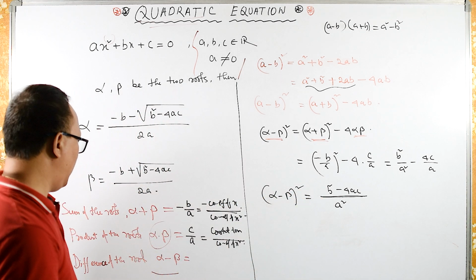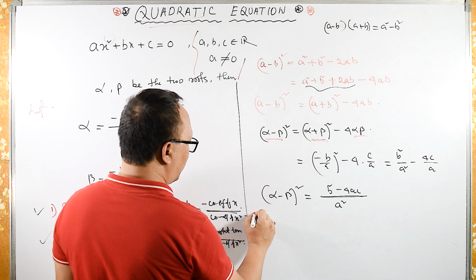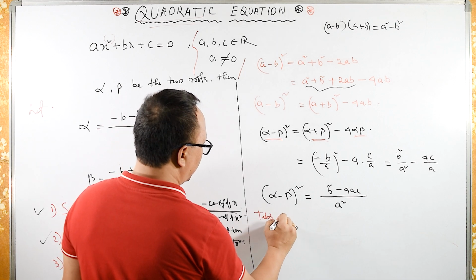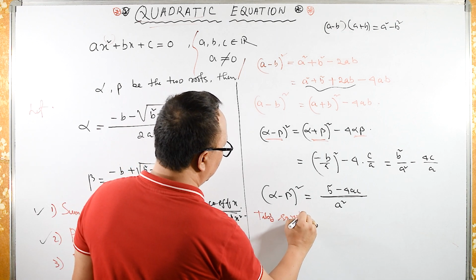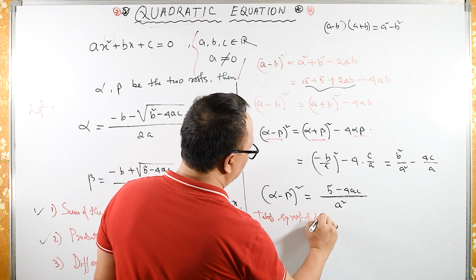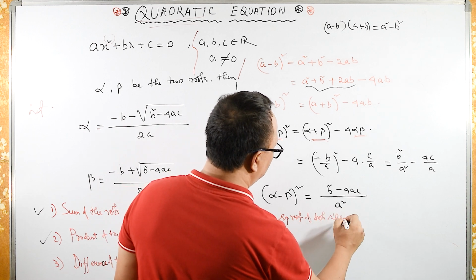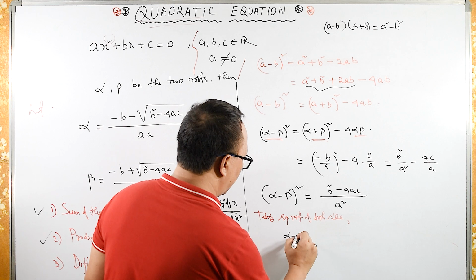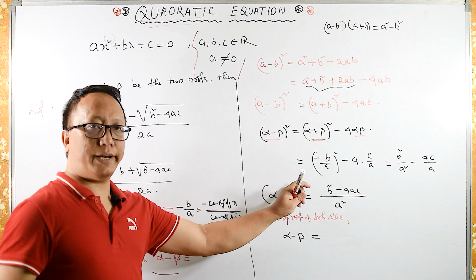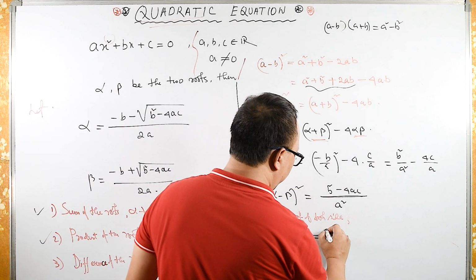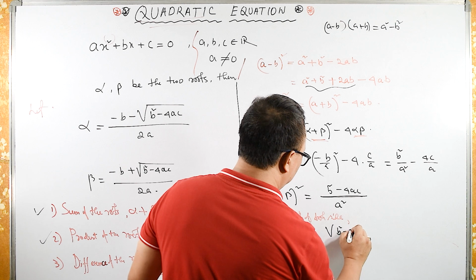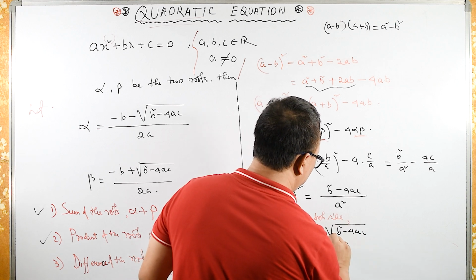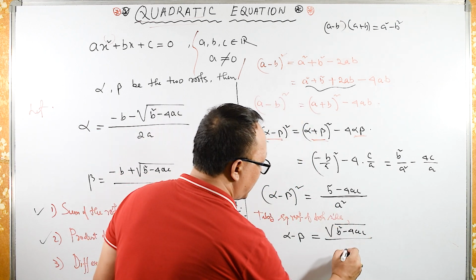So if I need alpha minus beta, taking square root on both sides. So what we have? Alpha minus beta, square and square root get cancelled. So we have square root of b square minus 4ac upon square root of a square, which is the same as a.